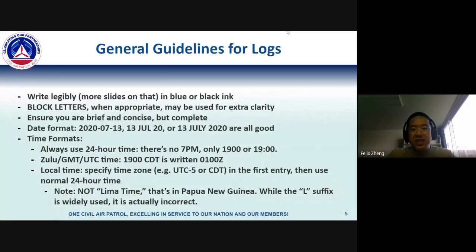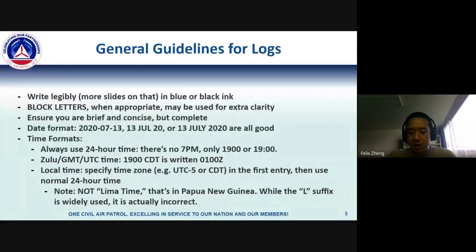You may see the letter Lima after times that people write, and a lot of people will say that is local time. But no, that is actually a time zone that covers Papua New Guinea, parts of Russia, and way over there in the Pacific. So for the sake of correctness, please refrain from using the L afterwards.